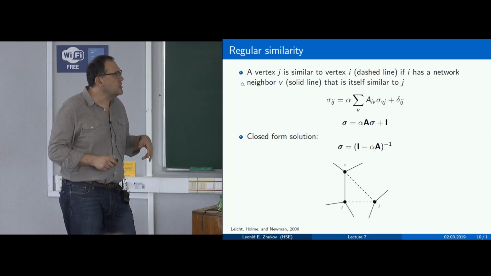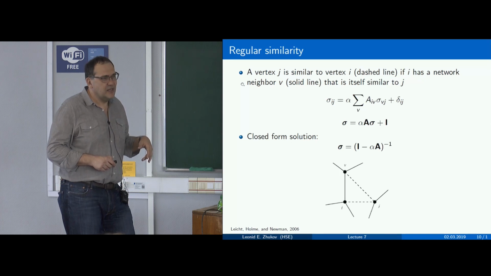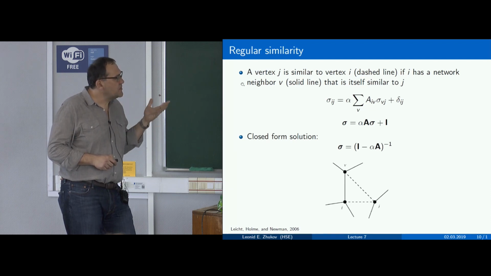That doesn't work with this formula, so the formula has been corrected manually by adding here sigma ij that forces this to be 1 or a little bit greater than 1 when it is the node itself. And then you can calculate this recursively. Some people use it, some do not.